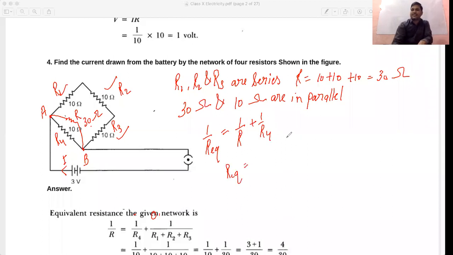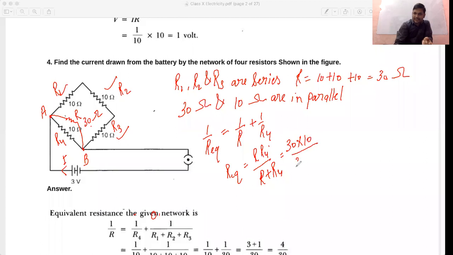Once you write like this, you can use the shortcut. The shortcut is multiplication and addition. The multiplication is R into R4 over the addition of these two. This is basically known as the MA rule: multiplication divided by addition. So this will be 30 into 10 over 30 plus 10.